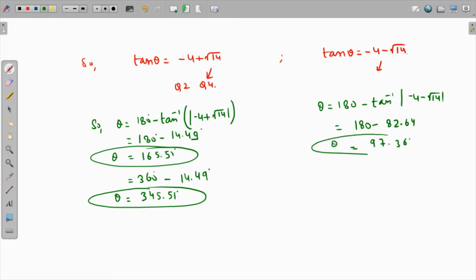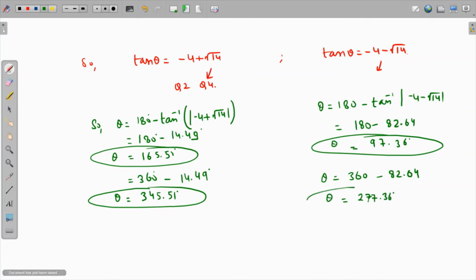That is the first angle. And another angle in quadrant 4 is going to be 360 minus 82.64, which is 277.36 degrees.